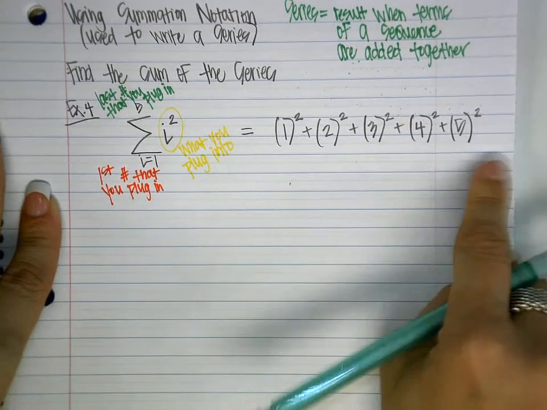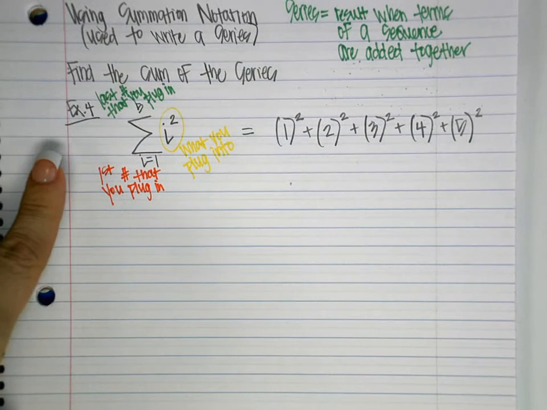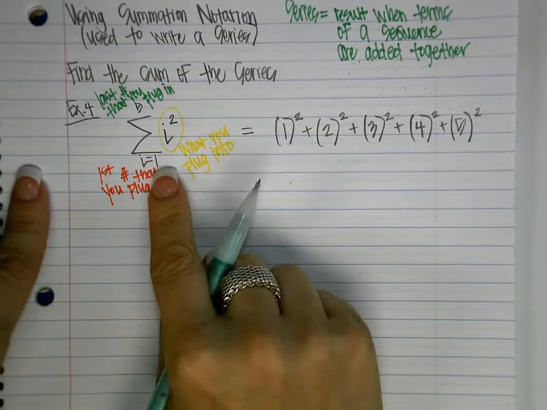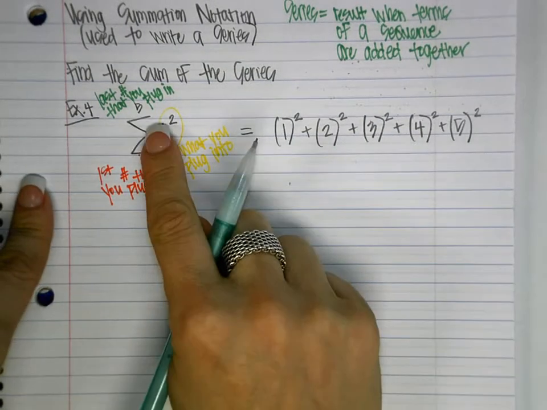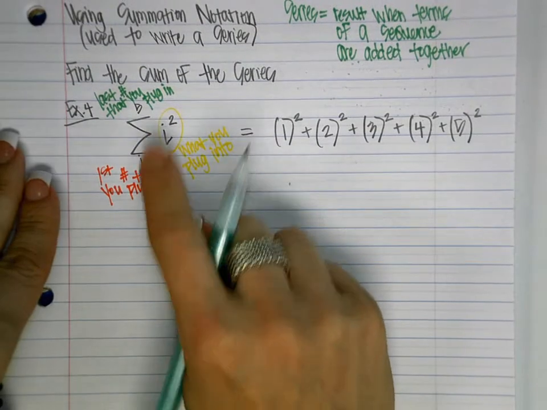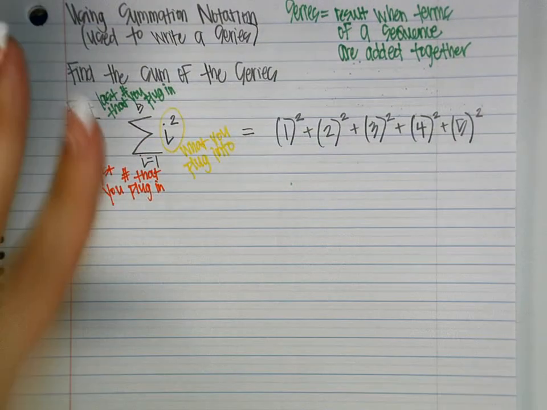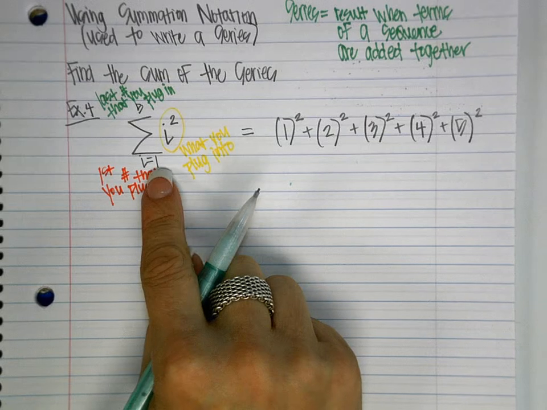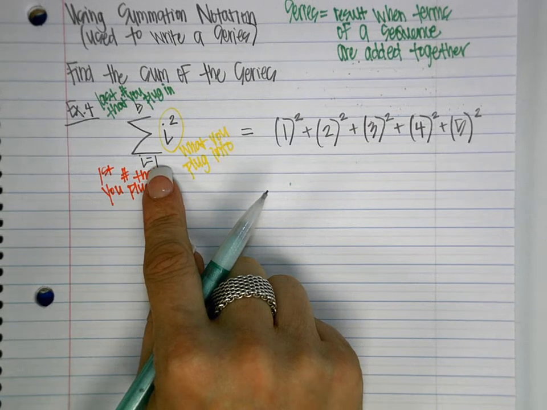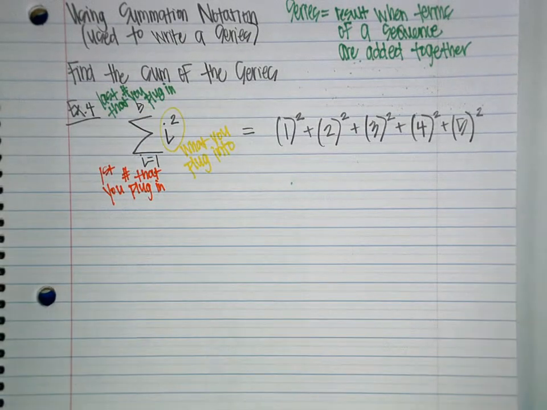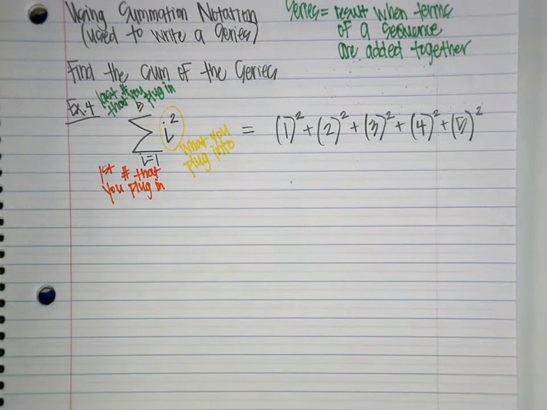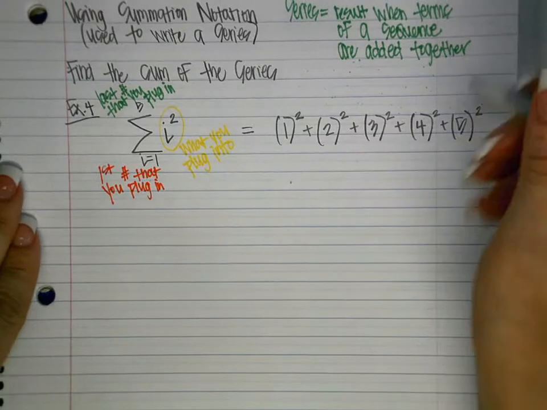This just happens that we're going to add up 5 different things. Sometimes it might start at 0 and go to 3. You could start at 20 and go to 23, 25, does not matter. You can also start at negative numbers, so you can start at a negative, go to a positive. It is not always going to be 1 through 5. This just happens to be because I'm trying to make an easy example for you.